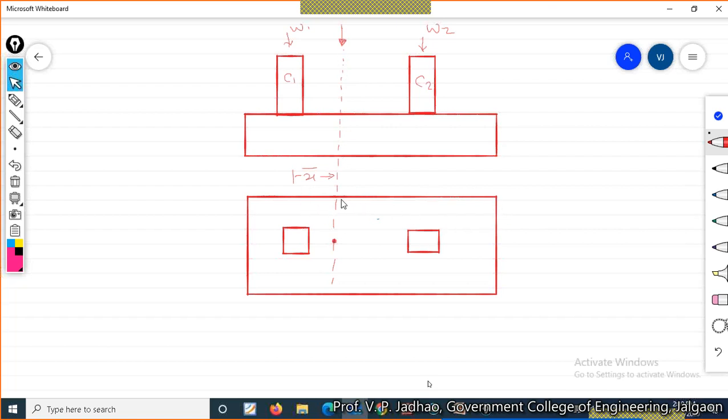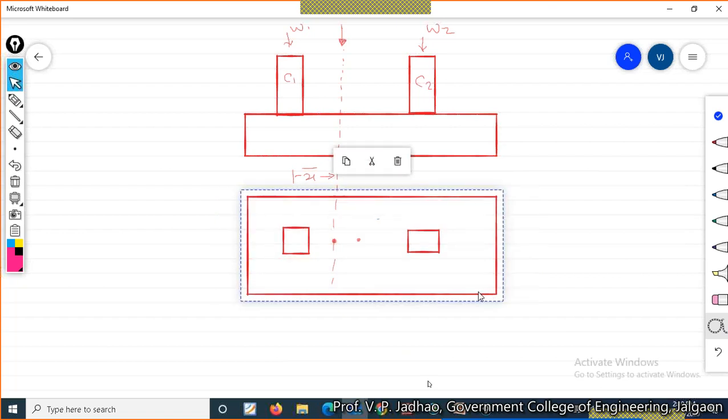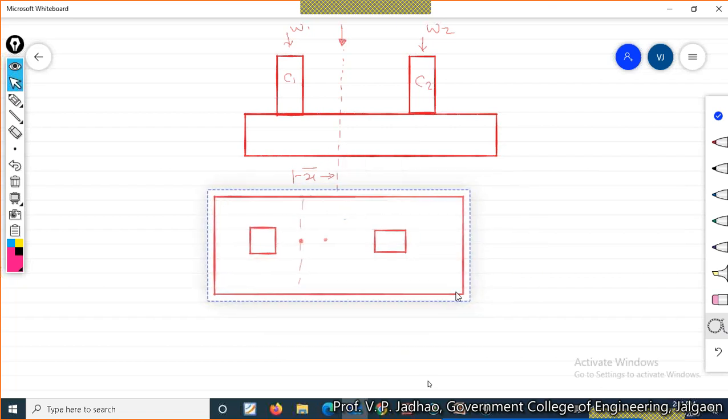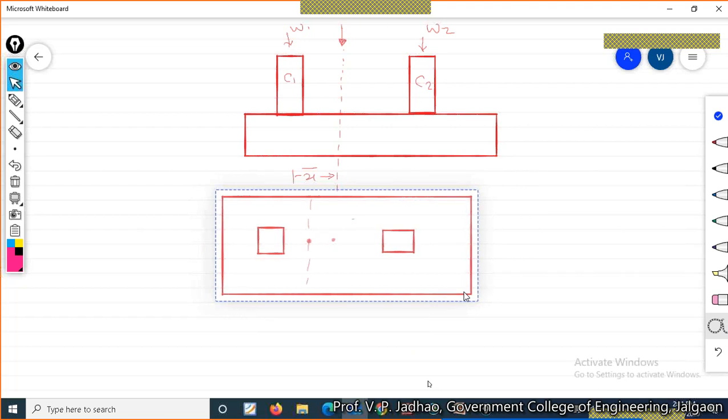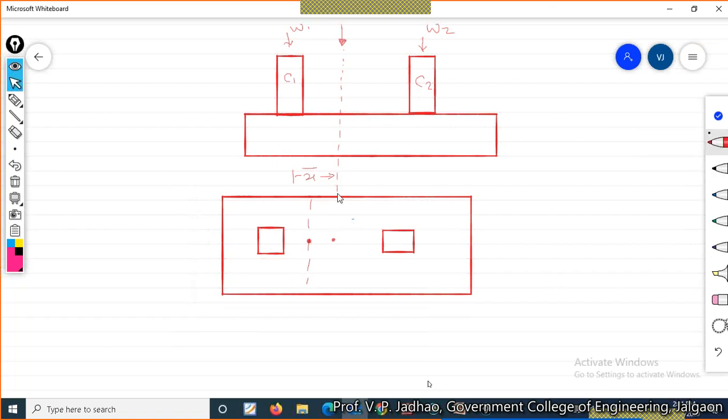Now the centroid of this footing area will be somewhere here, right? So we will be just moving this particular footing in this fashion. Now we have the centroid of this footing coinciding with the centroid of this particular load.